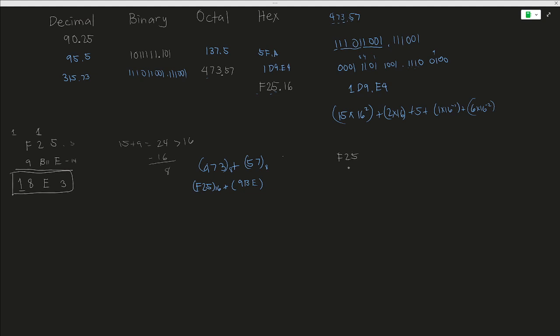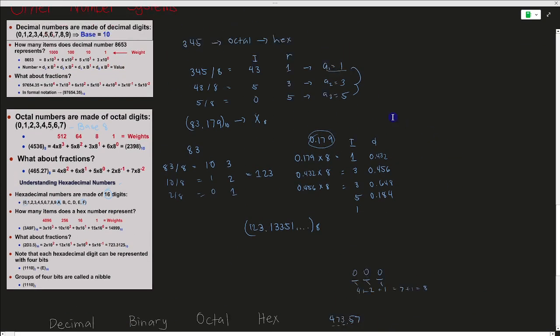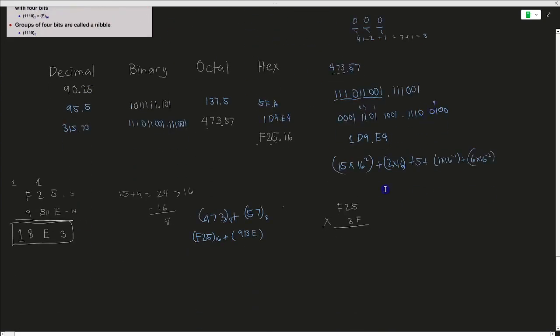F25, i-multiply natin kay 3F. Siguro okay na to. Okay. So, this is ano? Okay, so ito medyo hindi straightforward, no? Pero ang ano dito is, kung yung ginawa natin dito, minultiply natin, syempre sila. Dito, same lang rin.